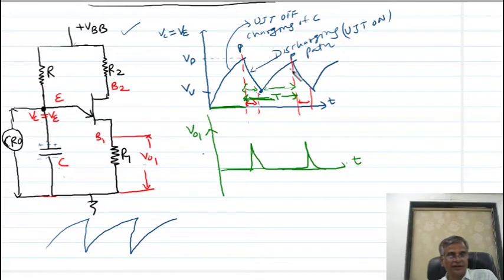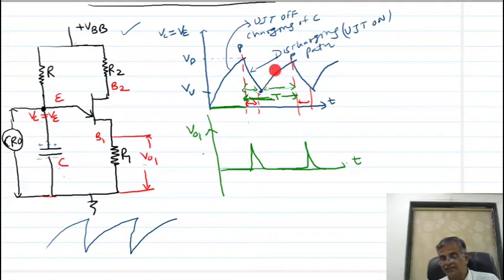Okay. Now let us obtain this. See, during this time the UJT takes rest. The UJT is going from valley point to peak point charging, discharging from peak point to valley point, charging from valley voltage to peak voltage, discharging from peak voltage to valley voltage.